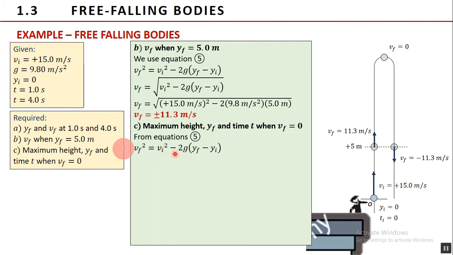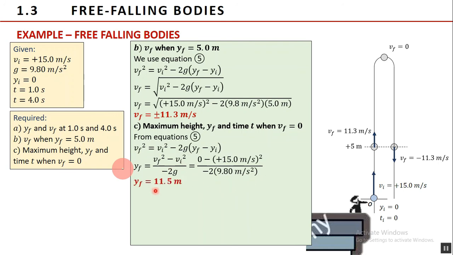Here we transposed v sub i squared to the other side of the equation. Then we can cancel out y sub i, since it is 0. Then dividing both sides by negative 2g. So the transformed equation: y sub f is equal to v sub f squared minus v sub i squared, all over negative 2g. Substituting values will give a maximum height y sub f of 11.5 meters.